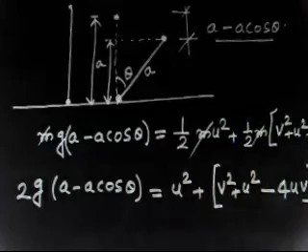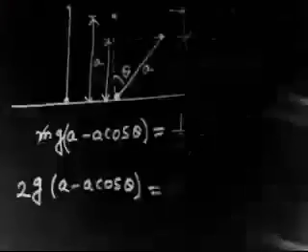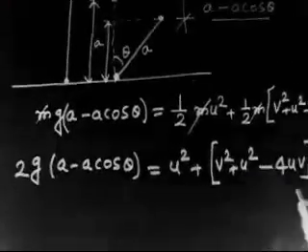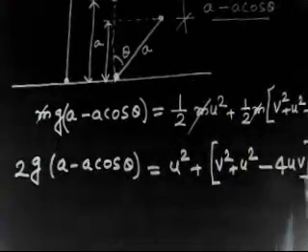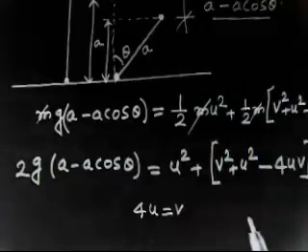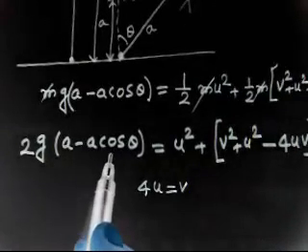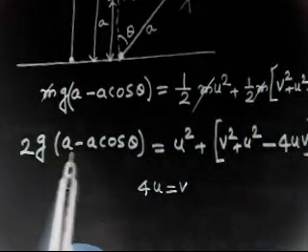Now I have to find u. We have one equation here, relationship equation number 1: 4u is equal to v. So you can apply this one. And cos theta is 60 degree, so 1 by 2, so 1 minus 1 by 2.